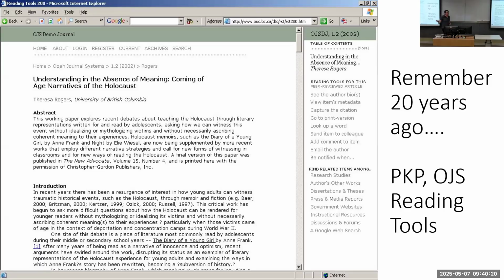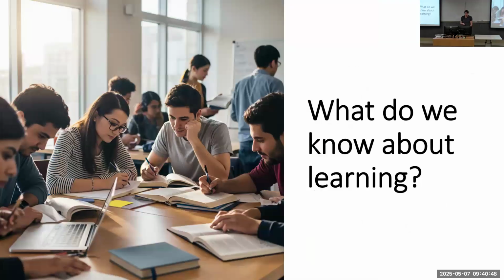The whole idea of reading tools is to make reading more accessible to everyone. How many remember those tools that went down the side of Open Journal Systems articles? And now AI has the same idea, to help readers understand and make reading more accessible.